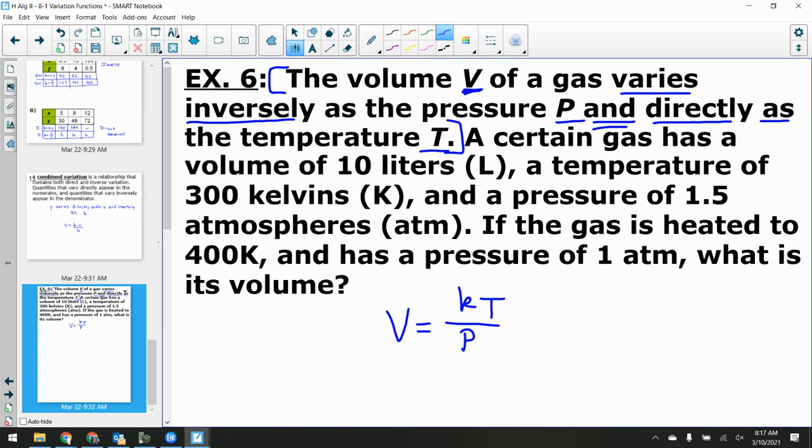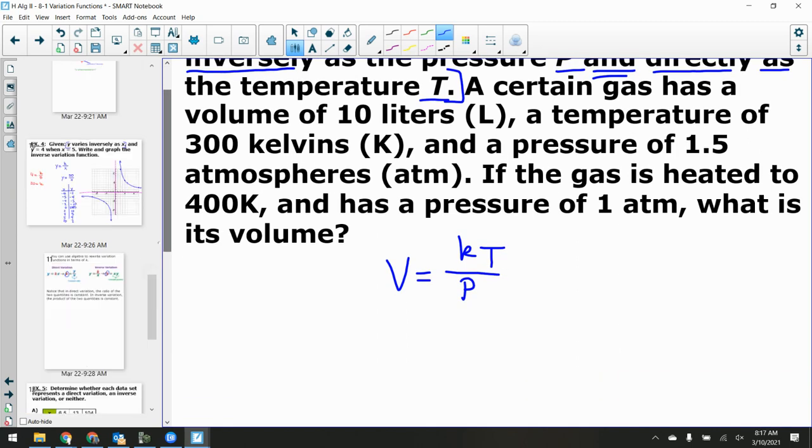All right, now my next set of information is going to give me the prep work. A certain gas has a volume of 10. Okay, volume 10. I'm not going to know K just quite yet. A temperature of 300 Kelvin, and a pressure of 1.5. Let's figure out what our constant's going to be.